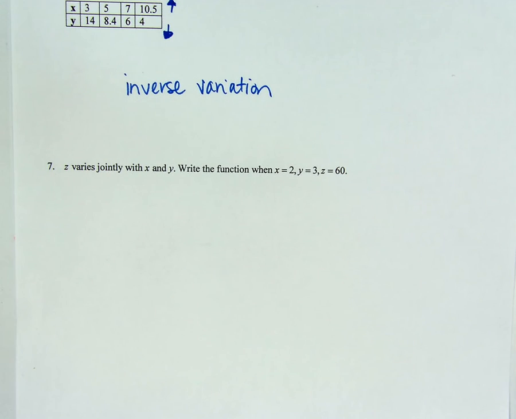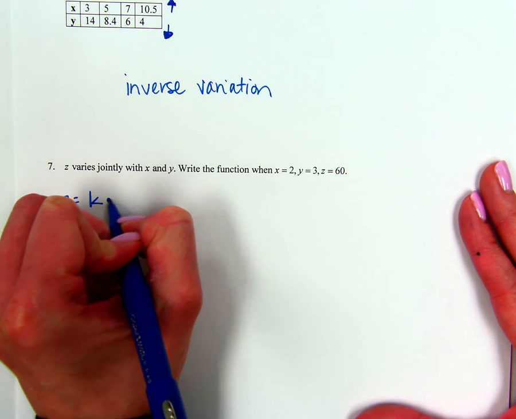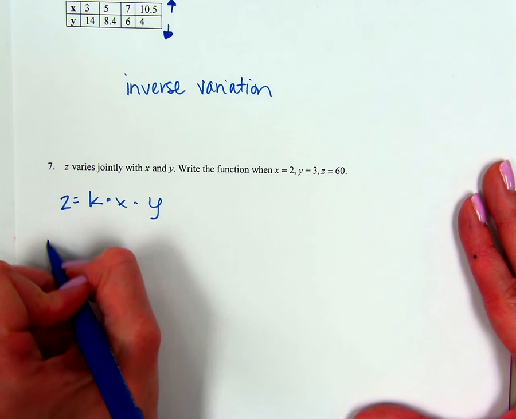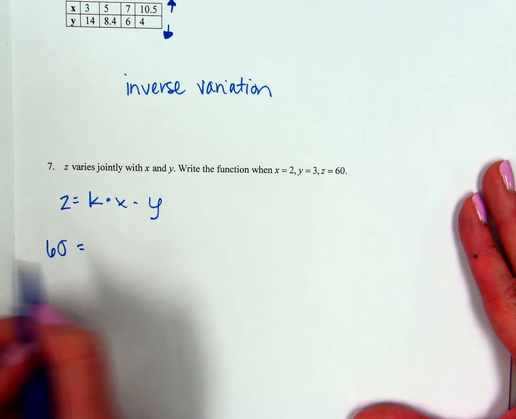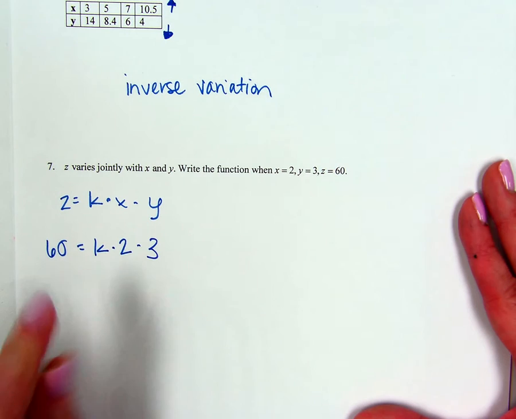And 7, z varies jointly with x and y. So write the function when x equals 2, y equals 3, and z equals 60. So we're going to just take all of those variables and plug them in. So our equation from our notes says z equals k times x times y. So let's take what we know here. So we have 60 equals k times 2 times 3.